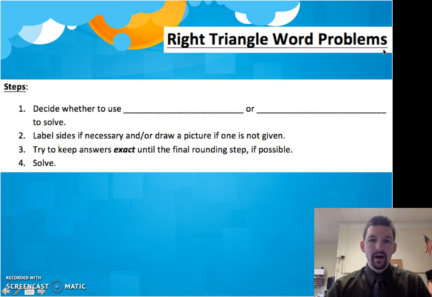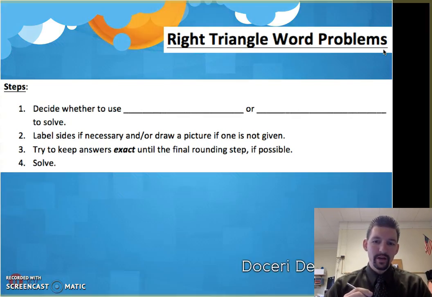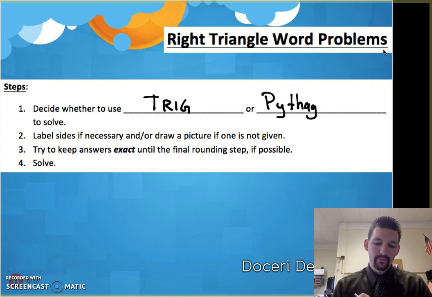In right triangle word problems, the first thing that you need to do is decide whether to use trig or the Pythagorean theorem. If you're using trig, that means that you're trying to find sides or angles.